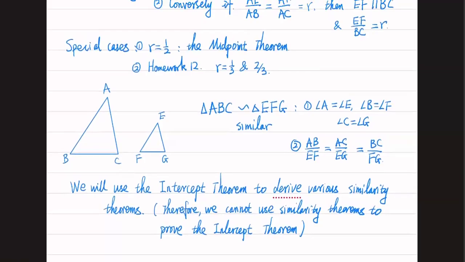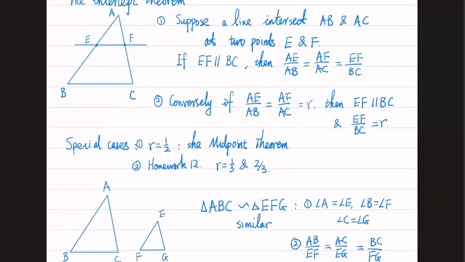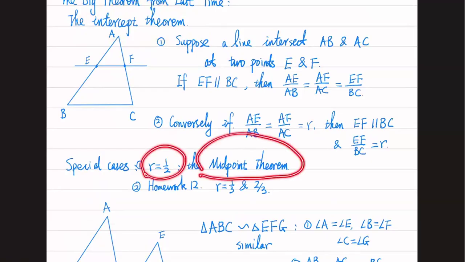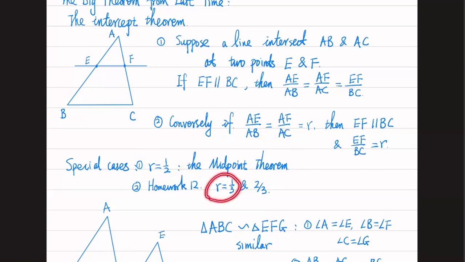Okay, so now we may ask ourselves, do we have a proof of this theorem? We have proved a few special cases. We proved that when R is 1/2, the midpoint theorem. When R is 1/3 or 2/3, in our homework, we use congruent triangles and parallelograms.